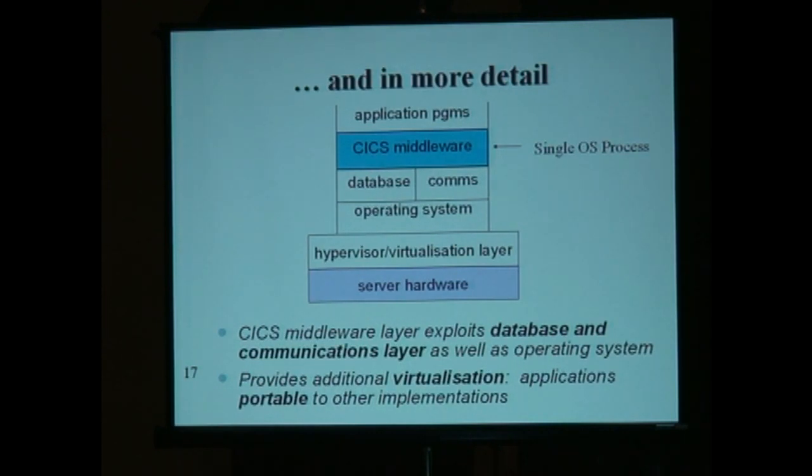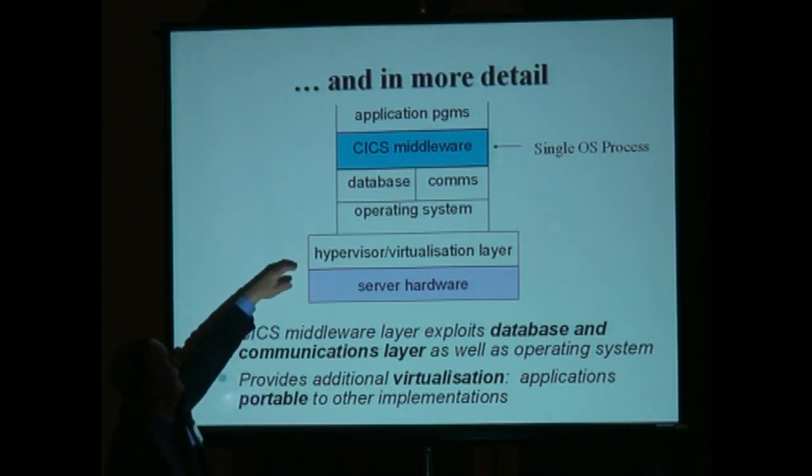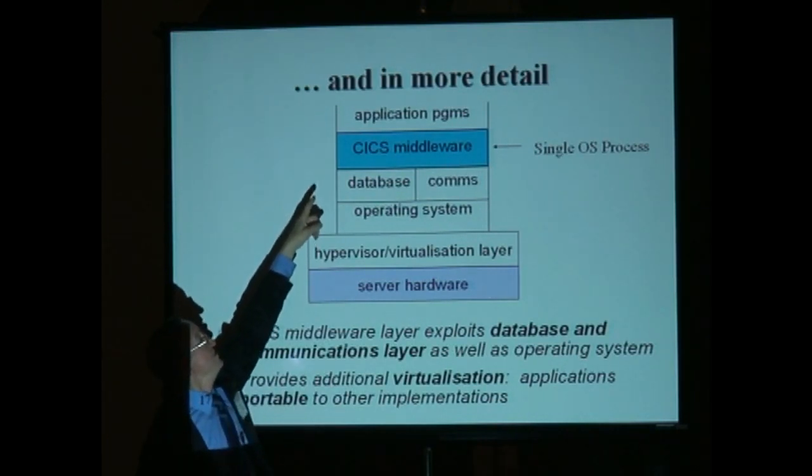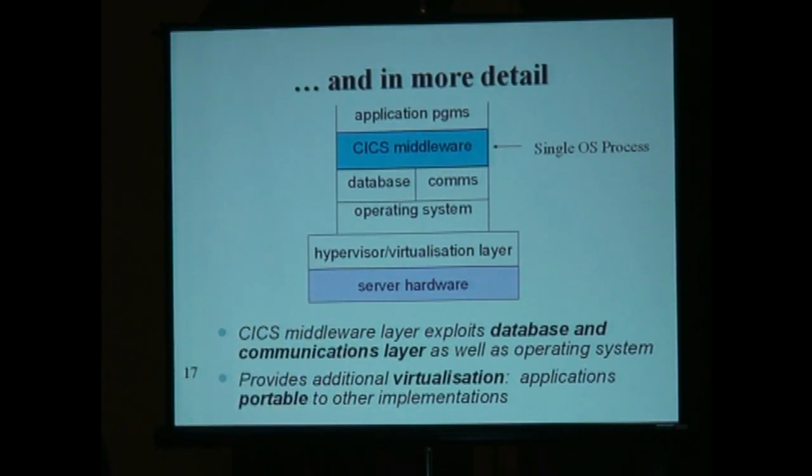And on the so-called Z series boxes, you can run 6 different operating systems straight on the box. So this is a very important development, but it's also important to understand that there's not only virtualization at the hardware level, but there is virtualization taking place at the CICS level as well.